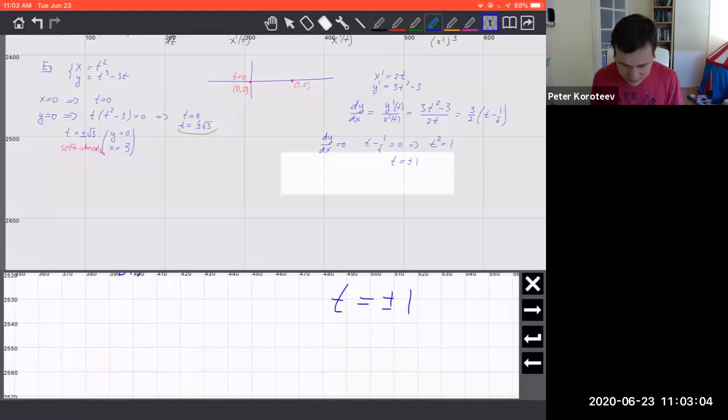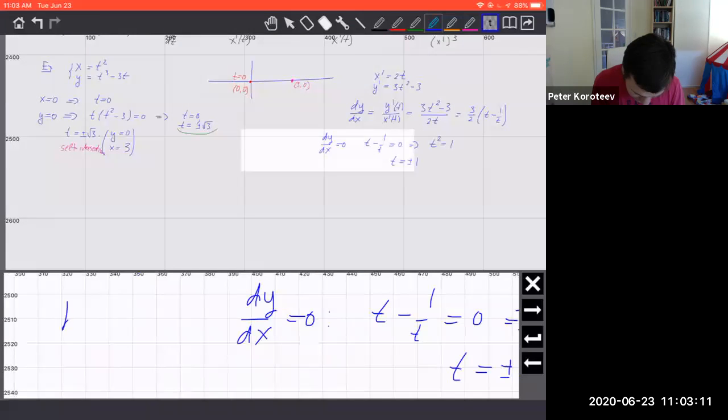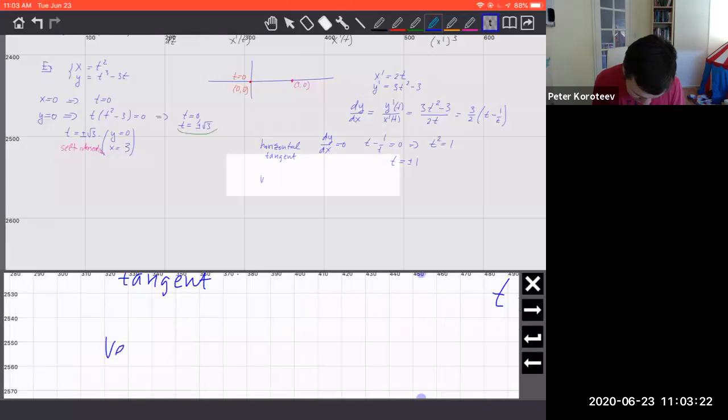Now let's find a place where the tangent will be vertical. So this is the condition for the horizontal tangent. What is the condition for the vertical tangent?